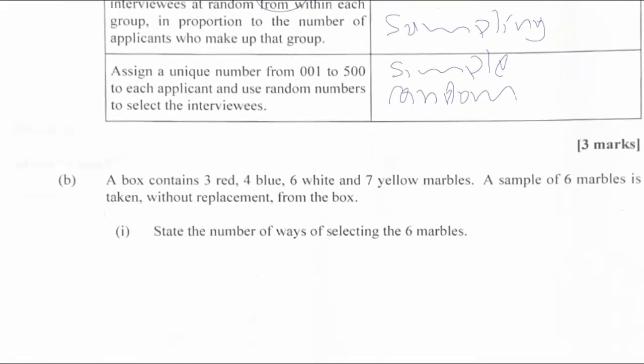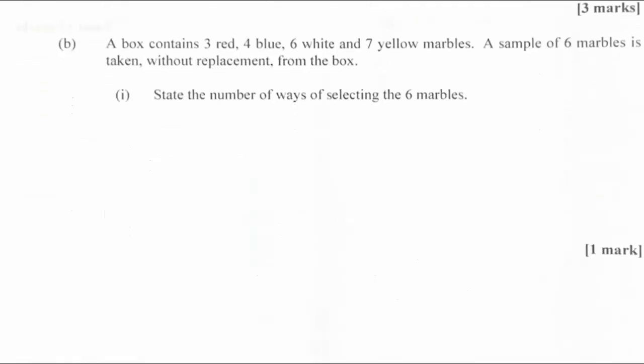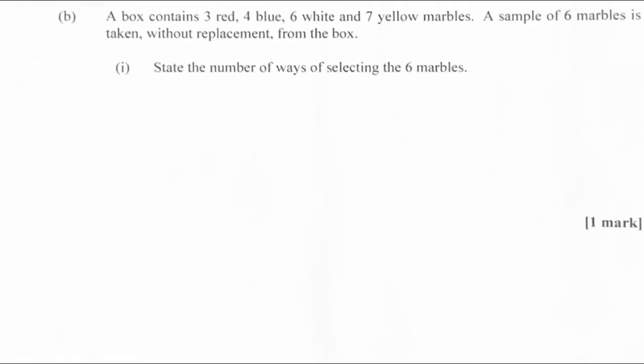Alright, continue. A box contains 3 red marbles, 4 blue, 6 white, 7 yellow marbles. A sample of 6 marbles is taken without replacement from the box. The number of ways of selecting the 6 marbles. So the number of ways would be equal to, so let's see, 3 and 4, 7, 7 and 6, 13, 13 and 7, 20. So we have 20 marbles, and we're asked to choose 6.